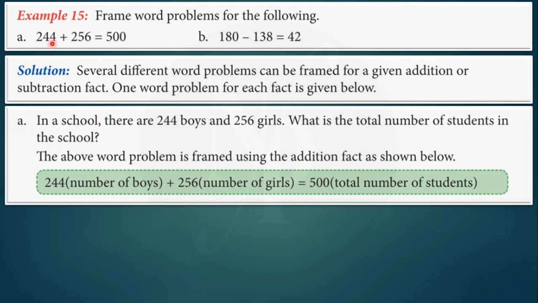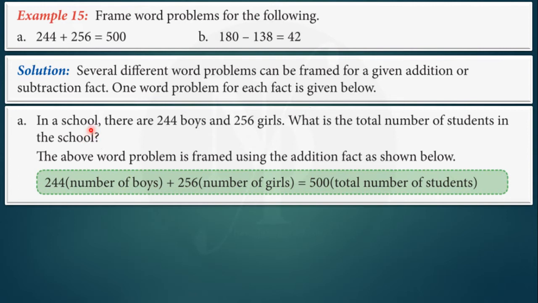So this is a solution for A, and looking at this addition fact, there is a word problem framed here. Let us see how it is framed. In a school, there are 244 boys and 256 girls. What is the total number of students in the school?